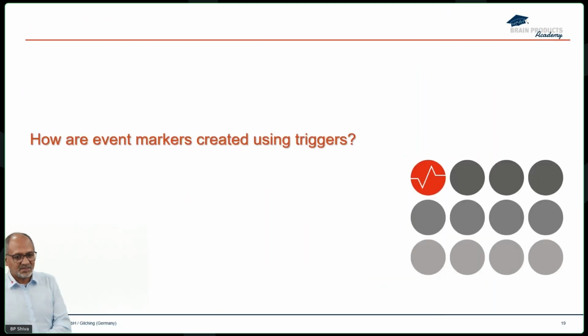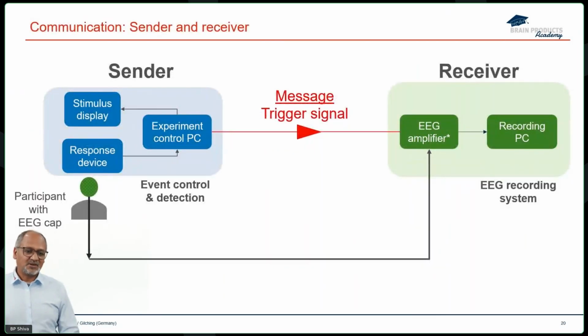So let's get into the nitty-gritty of how event markers are actually created using triggers. Due to the wide variability in how setups can be, we will use a general communication-based way of thinking about this.